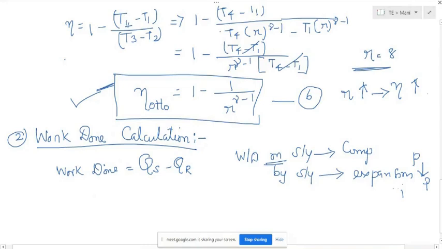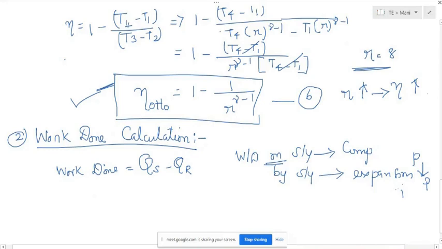We are saying it's a power stroke, right? After the air fuel mixture gets burnt, some amount of power is generated. That means work is generated by the system, and that is the work done by the system, right? On the system means we need to apply some amount of external energy from outside.